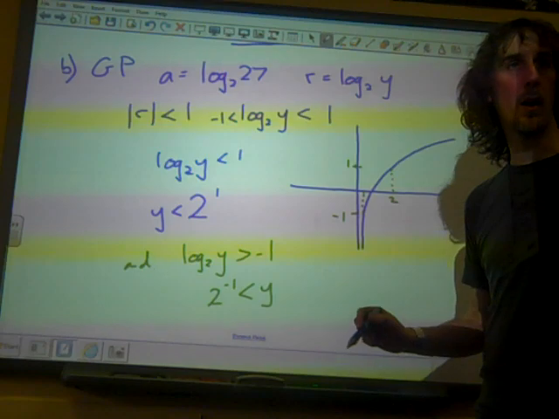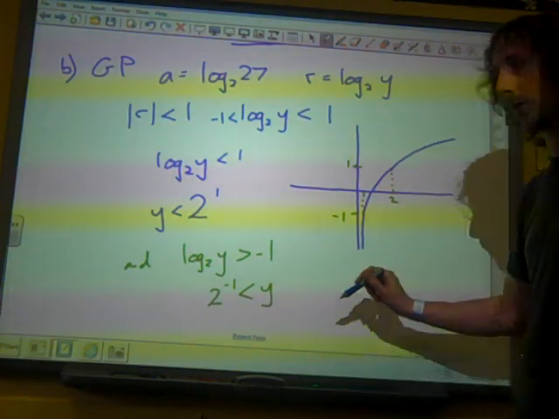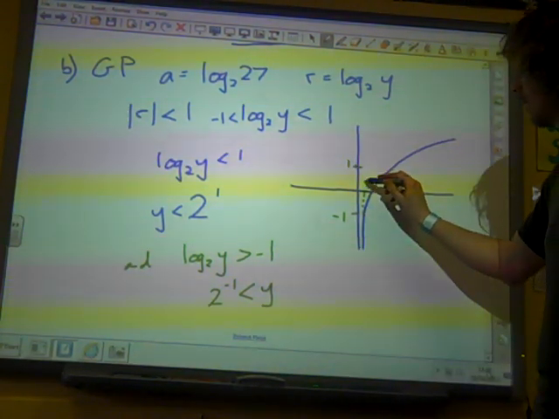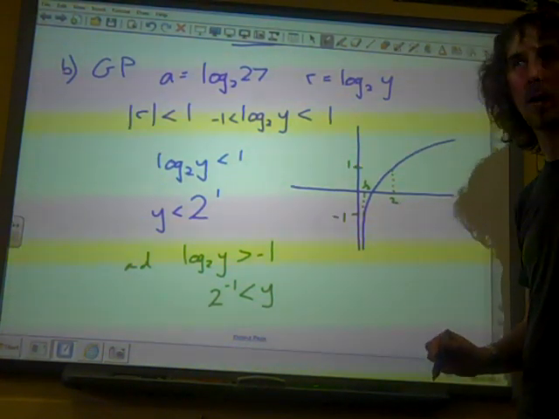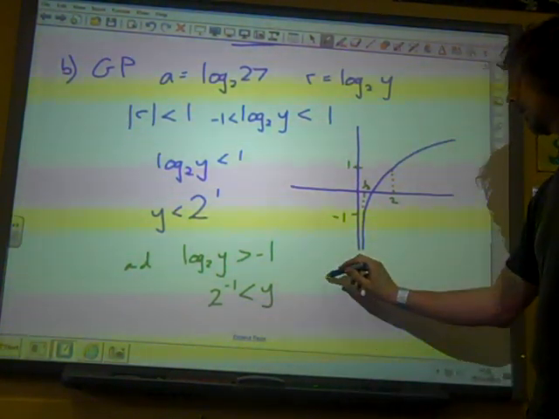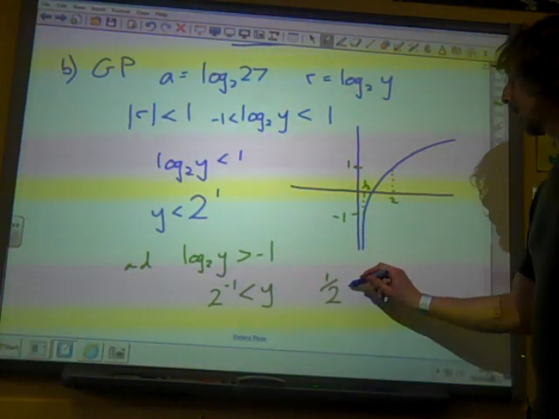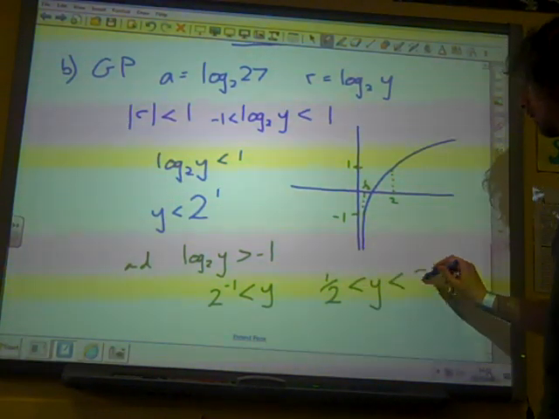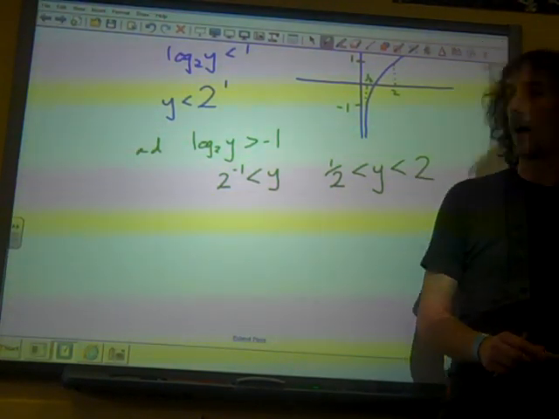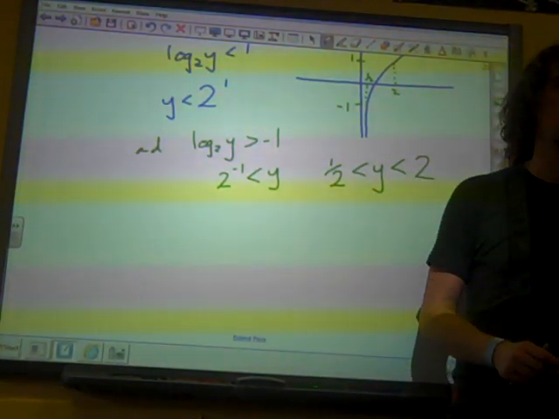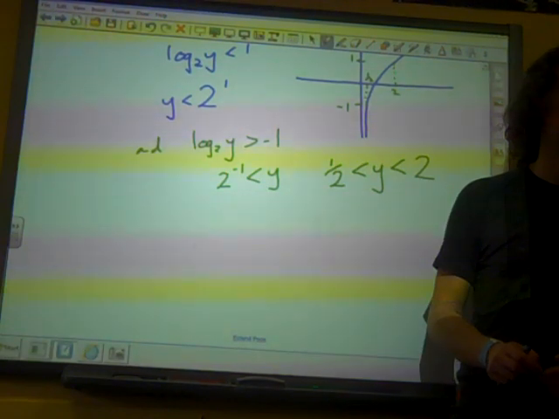And 2 to the -1 is a half. So we're ending up with that value there being at a half. 2 to the -1 would be a half. And so we've got y has to be between a half and 2 to give that result.